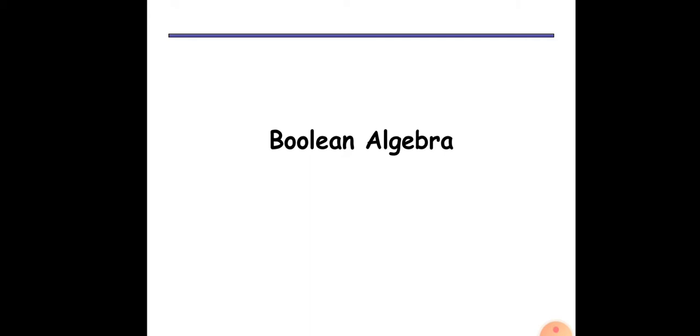In the video series on Boolean algebra, we have seen up till now what is meant by Boolean algebra, how it was invented by George Boole, and how we derive the Boolean expression from the given input data. Then we saw what possible combinations can be generated for two input units or three input units.